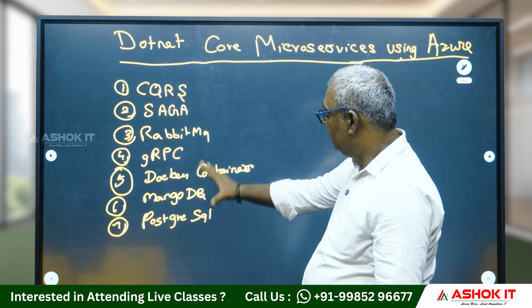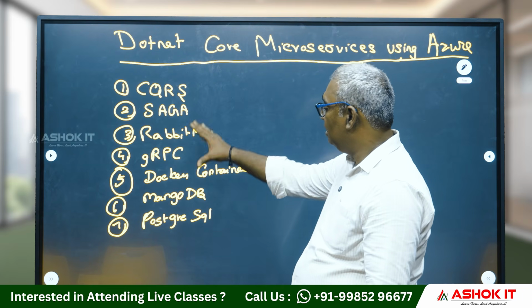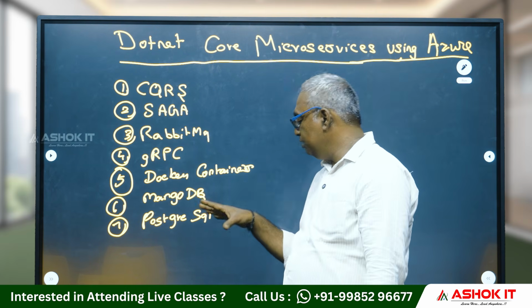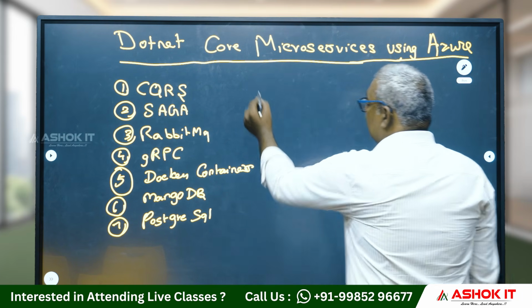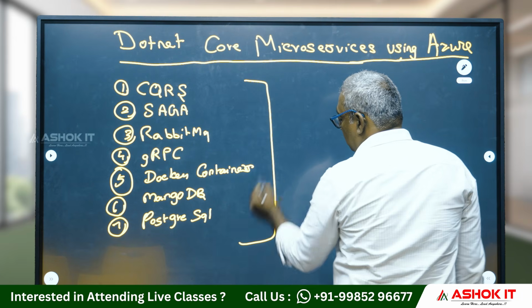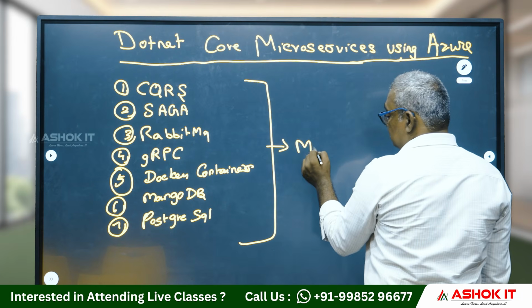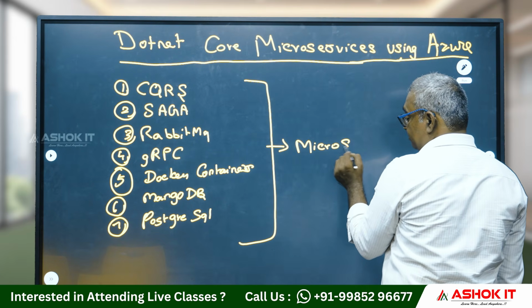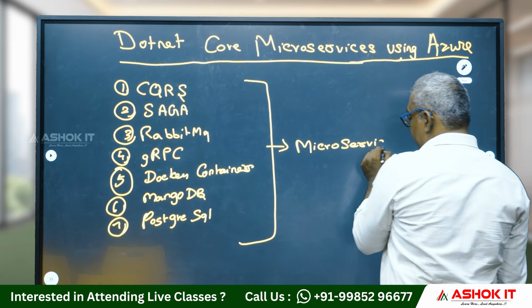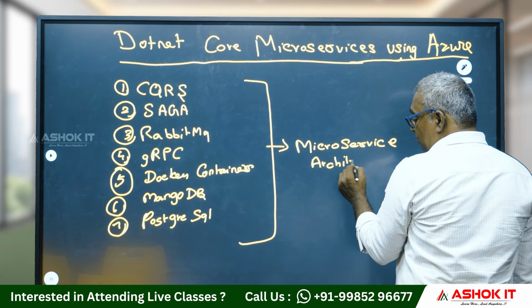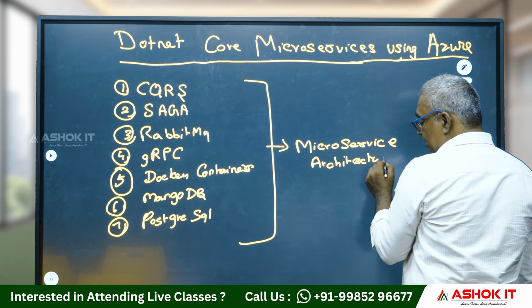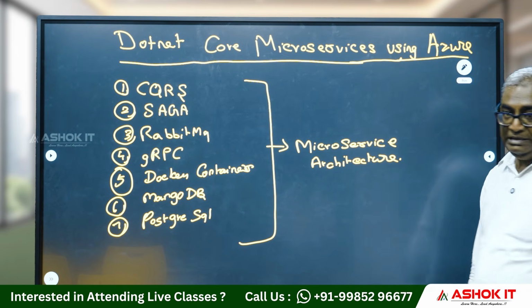Once you've done containerization, RabbitMQ, Saga, CQRS pattern, MongoDB and PostgreSQL, the entire structure will be created as a microservice architecture. With the help of these concepts, we are going to build a microservice architecture.